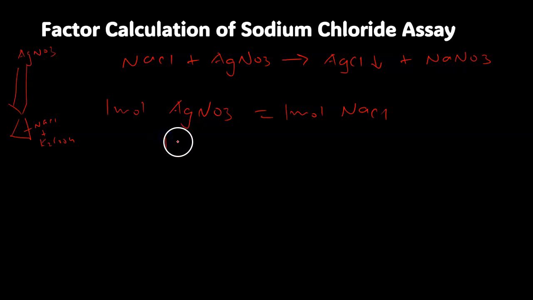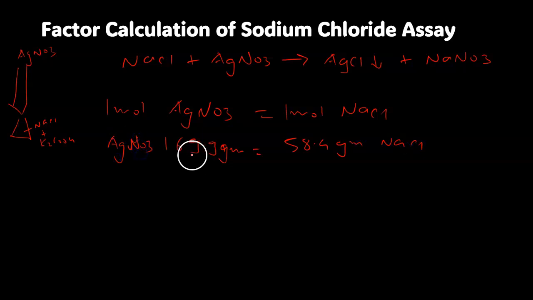Molecular weight of silver nitrate is 169.9 gram, which is equivalent to 58.4 gram of sodium chloride. Means 169.9 gram will neutralize 58.4 gram of sodium chloride. So this much amount of analyte and titrant is required for a complete reaction.